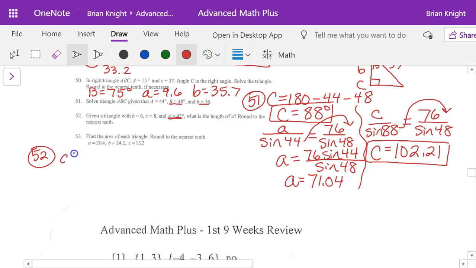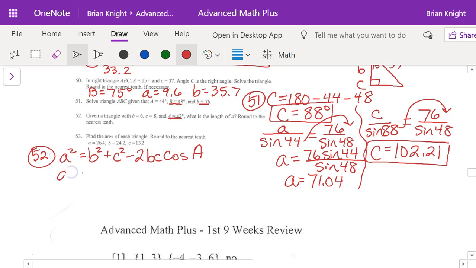So a squared equals b squared plus c squared minus 2bc cosine of A. And basically plug everything in and take the square root.